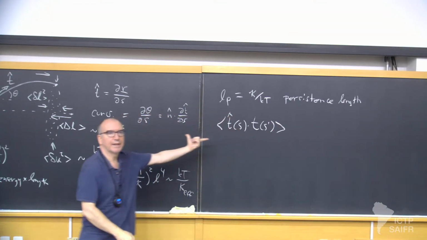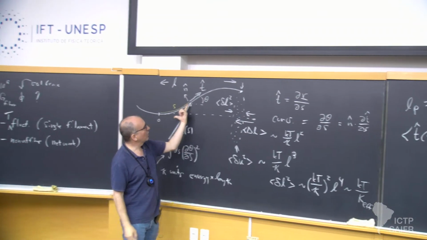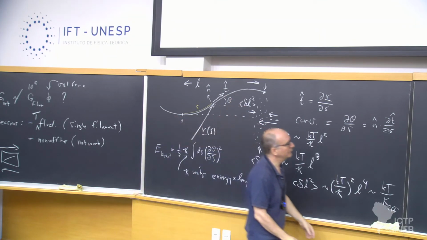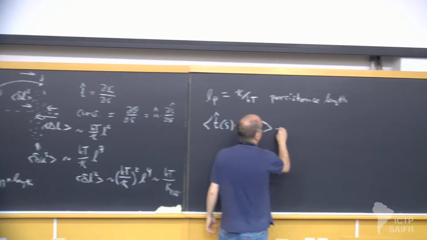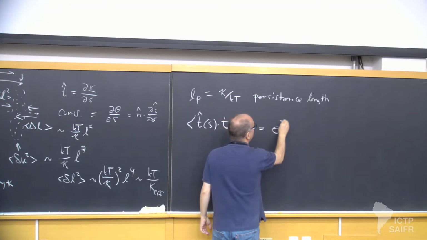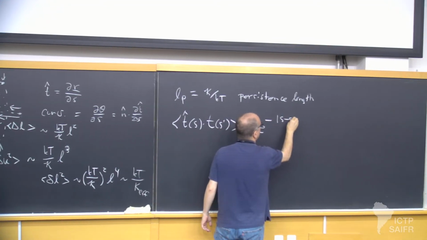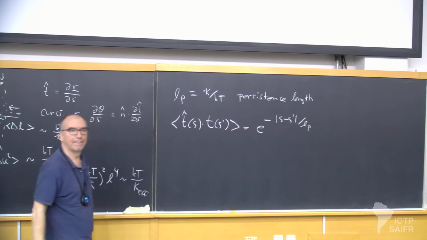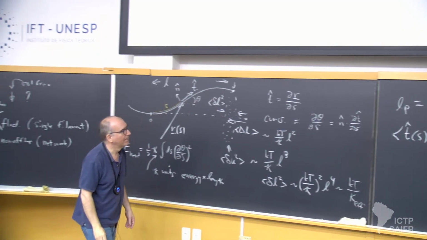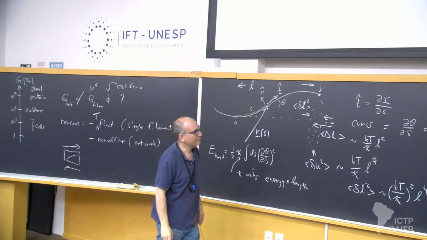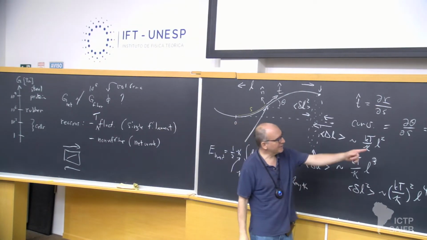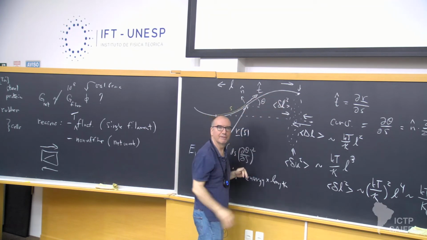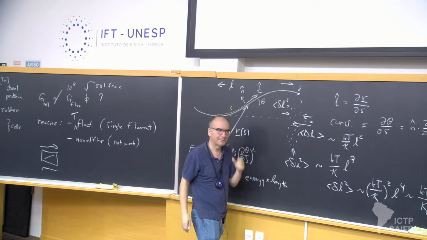How correlated are the orientations of a fiber along its backbone? And this winds up being e to the minus s prime over LP. And so that persistence length tells me essentially about the decorrelation of the orientation of the polymer.